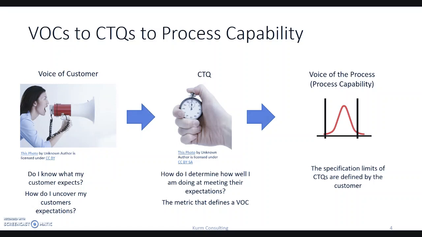Something like, I want my cup of coffee no later than 3 minutes from when I order it. I don't want it to be above a certain temperature or below a certain temperature. So now you're starting to put in certain specification limits, and that's how all of these things are connected, because now you can go and measure your business process to say, how well am I meeting my customers' CTQs, which in essence will meet or exceed or not meet the voice of the customer.